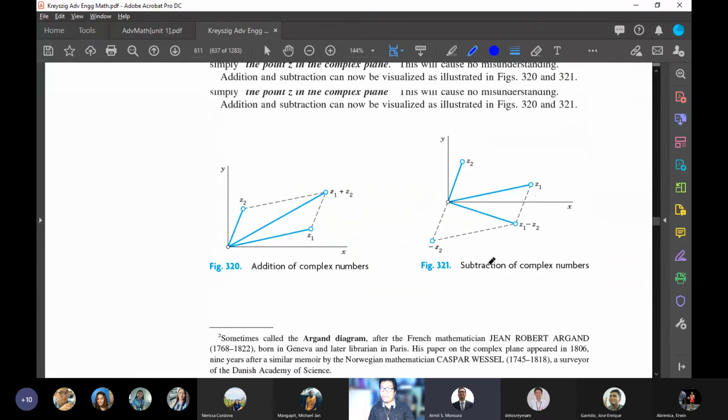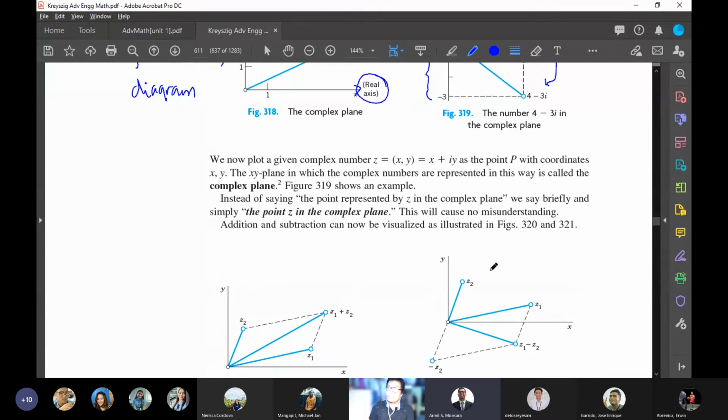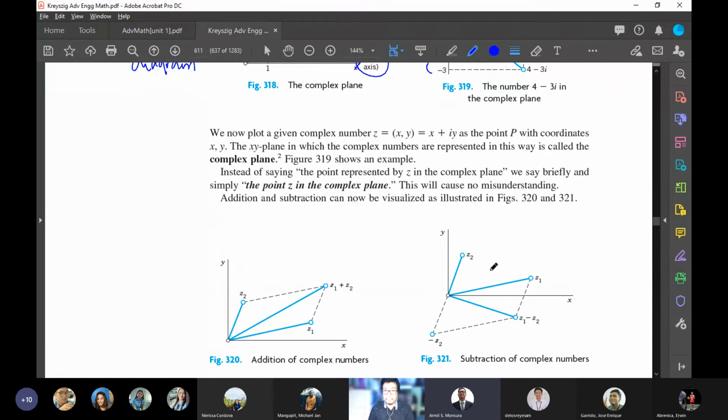Okay. So now we can see how the addition and subtraction of complex numbers are interpreted in the complex plane. So how do we do it? Suppose you have Z1 and Z2 as your complex numbers.